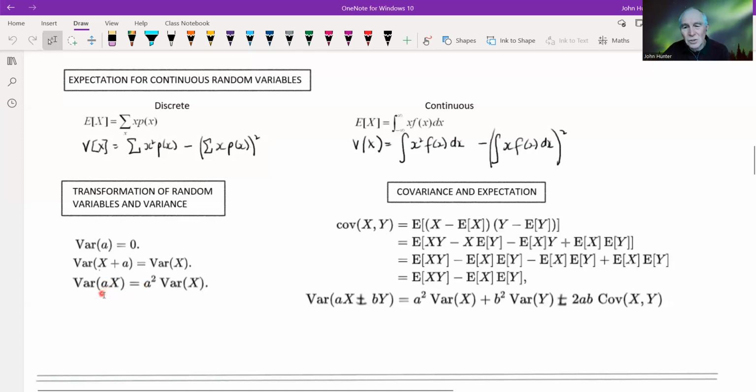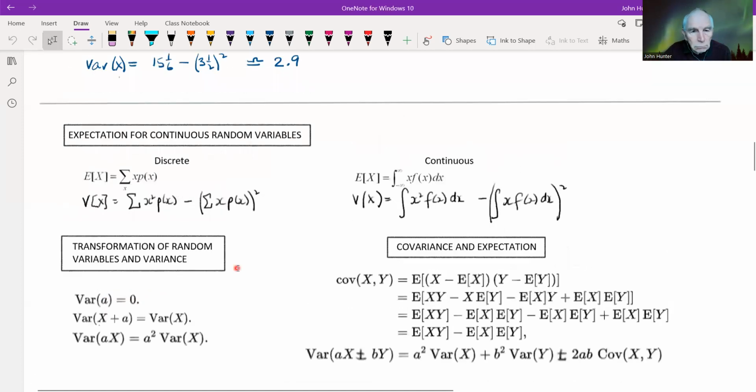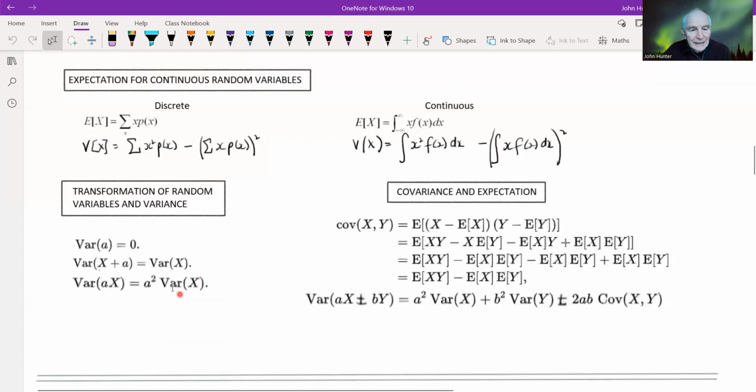Because variance is a square measure, what we're actually doing is multiplying by a squared the variance of x, and we worked it out just above, didn't we? 2.9, there we go. So this would be 100 times 2.9. That's something to bear in mind, because that sort of thing does come up.